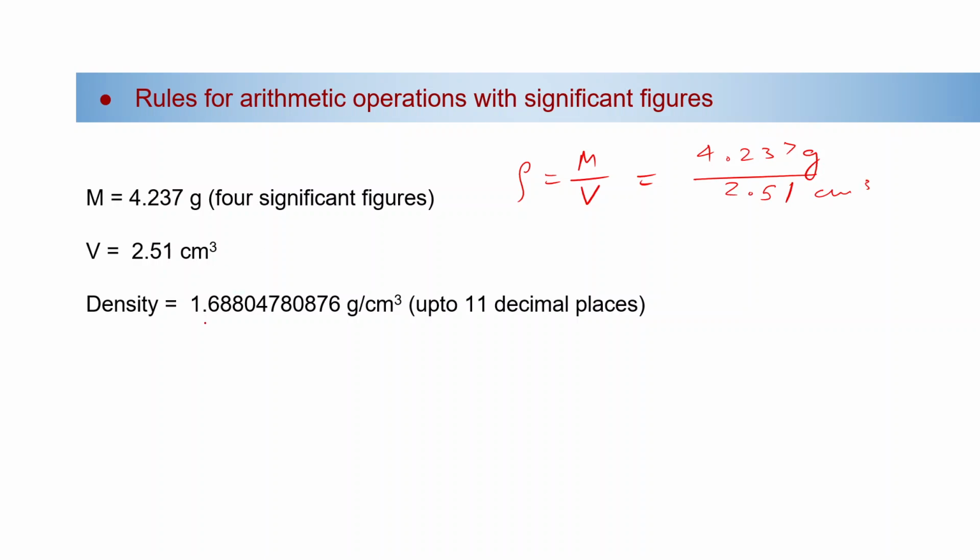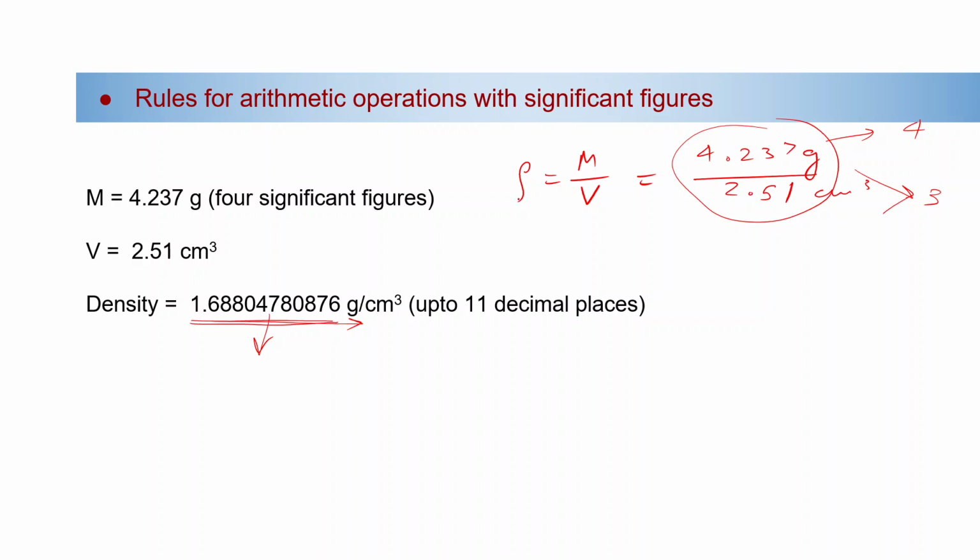So density, if I do this in any calculator, physical calculator or online calculator, depending on their capacity, up to which digit they can show on the display, they will give me values like this. Maybe it's an irrational number, it's not going to stop. But is it the correct way to show something for division of these two numbers, where the numerator has four significant figures and the denominator has three?